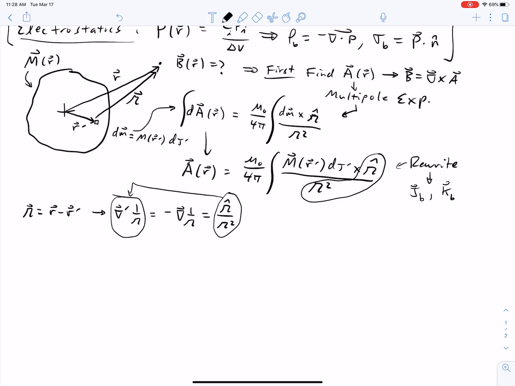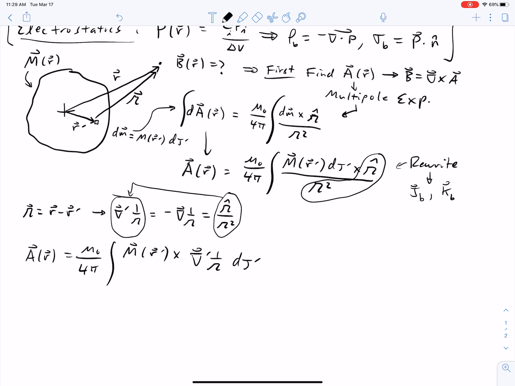So what we have now is A of r is equal to mu naught over 4 pi times the integral of M of r prime over the source, but now it's going to be crossed with del prime of 1 over cursive r, integrated over the source volume, d tau prime.